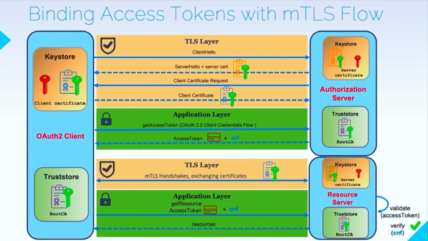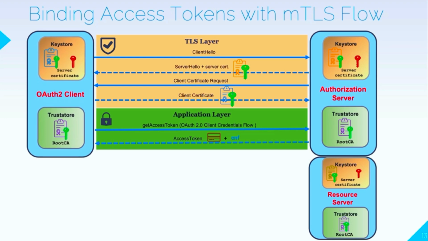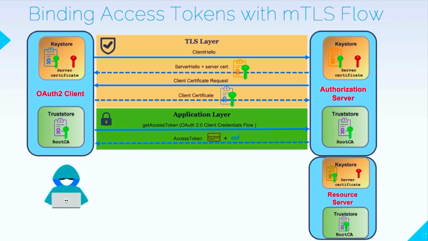Note that if an opaque token is presented here, the CNF can still be verified by querying the authorization server, which stores this information. The specific implementation details for this process depend on the OAuth 2 authorization server you are using. Now let's wrap up with the scenario where an attacker intercepts and steals the access token from the client.